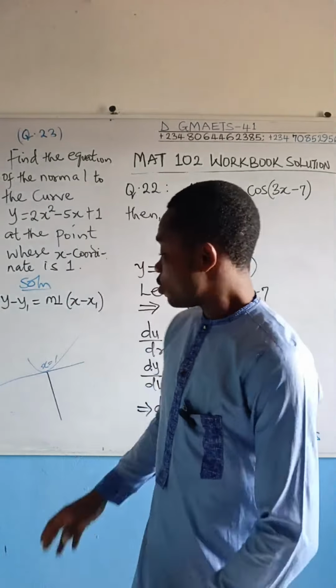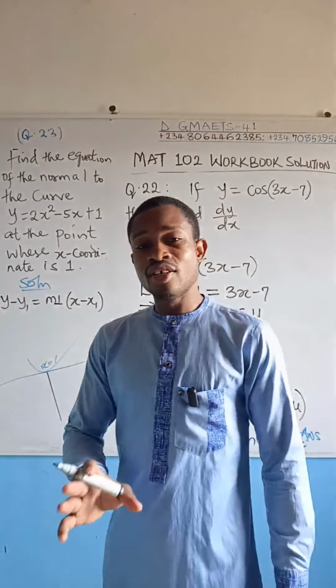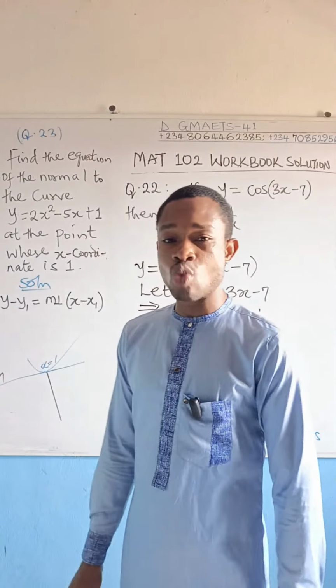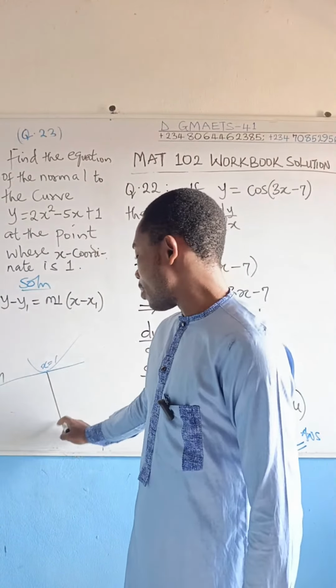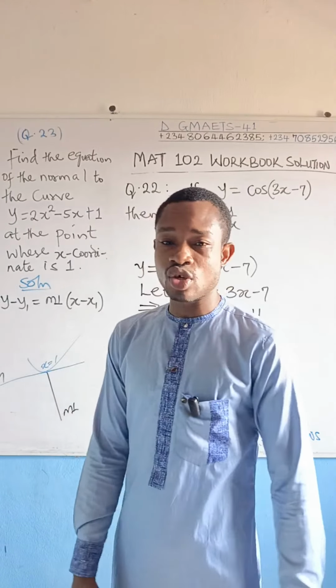Anyway, that aside, each of them has its own gradient. Like this tangent, the gradient is m, or you can use m1. Then this normal, which is perpendicular to that tangent, I'm taking the gradient to be m perpendicular.